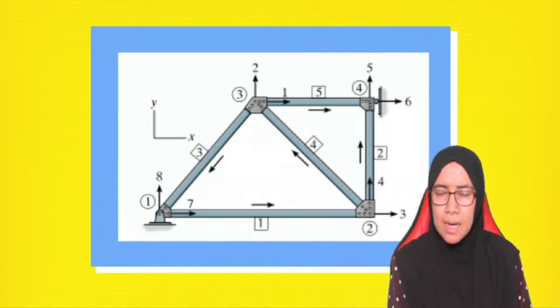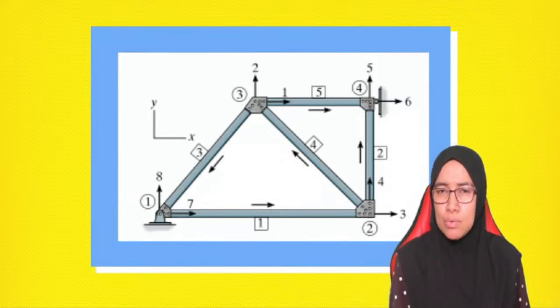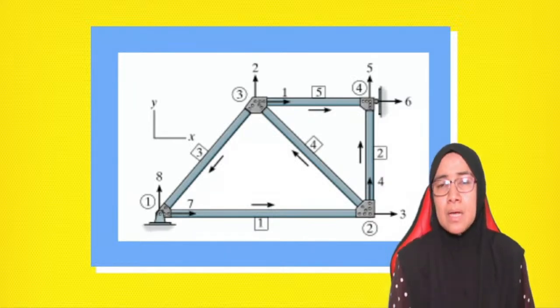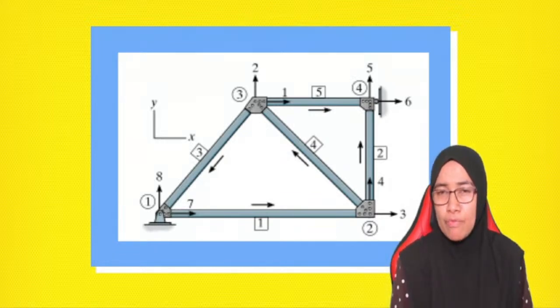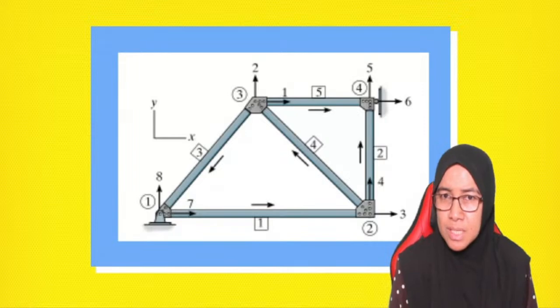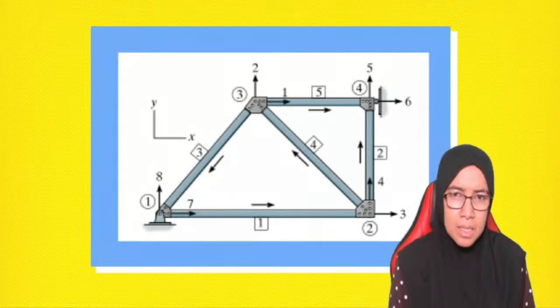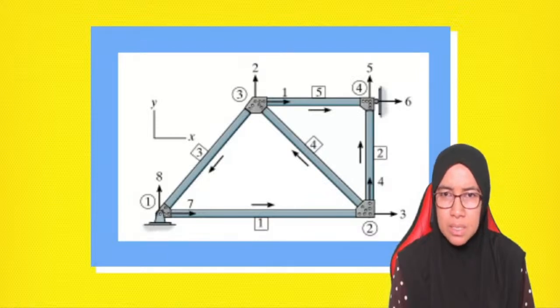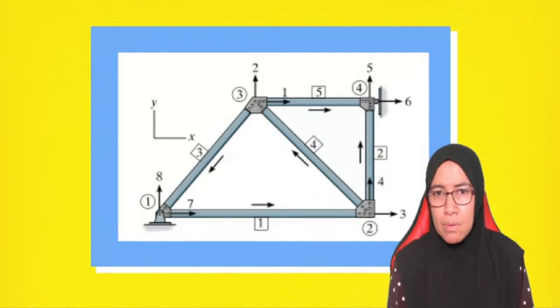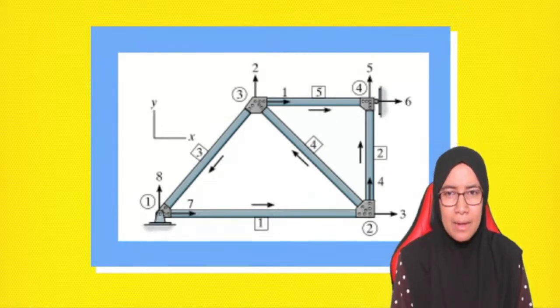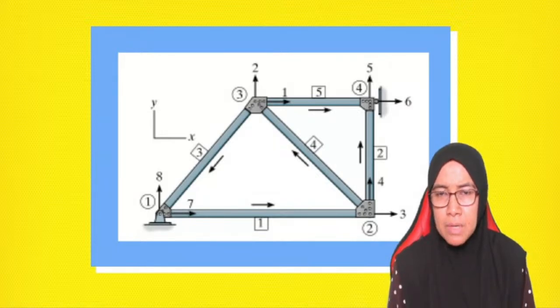We have to label as I explained yesterday. In order to put numbering under degree of freedom, we have to divide into unconstrained and constrained systems. We have to identify the number of unknown reactions by looking at the support conditions. There is one pin support at node number 1, and one roller support at node number 4.